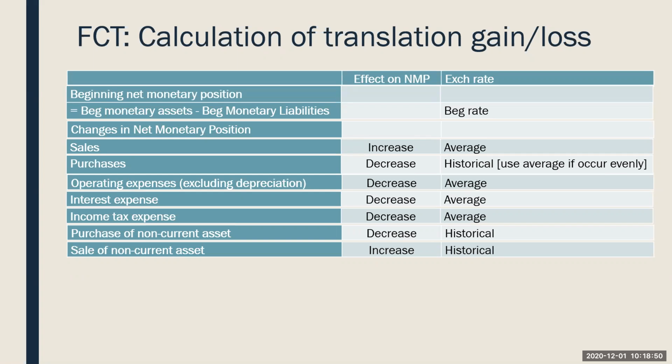So we want to make sure that we are not conflating the issue. If there was a sale of a non-current asset, we want to use the historical rate for when the asset was acquired. The resulting gain or loss will be captured as a translation amount.